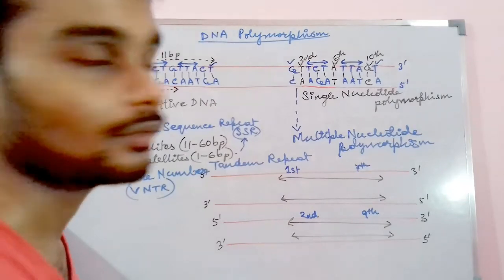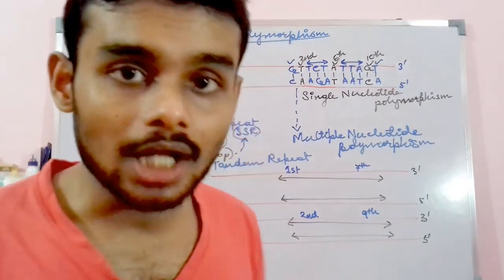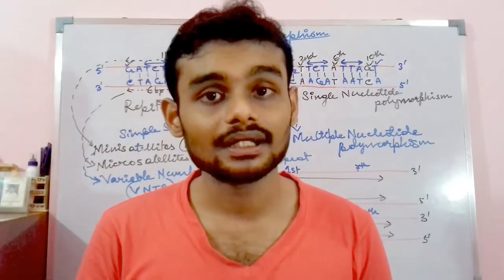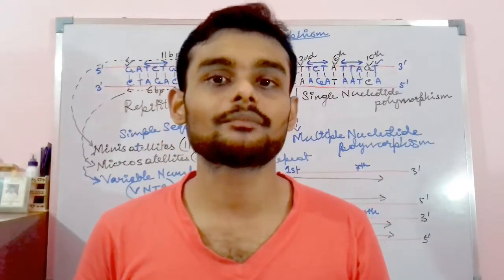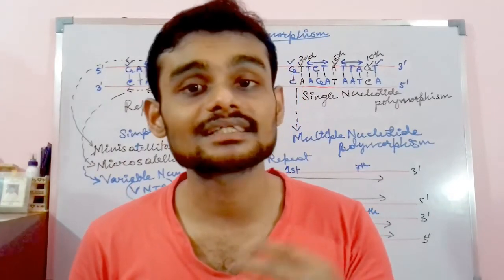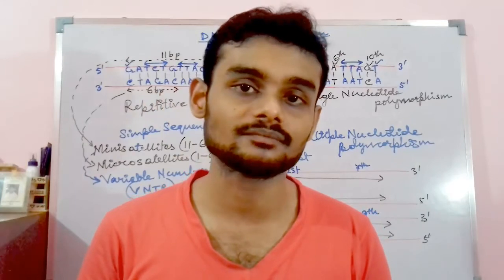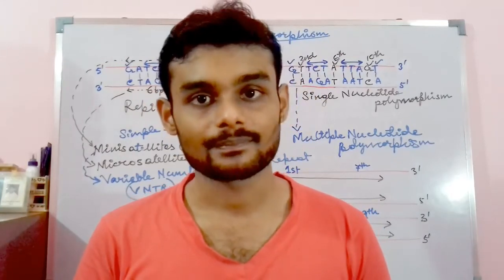Okay, so this is all about how the repetitive DNA is showing its polymorphism. The repetitive DNA is only showing the polymorphism with differences in its sequential structure. That is how the polymorphic DNA or the DNA polymorphism phenomenon comes into being, right?